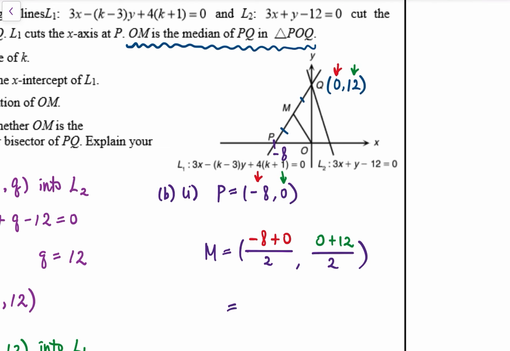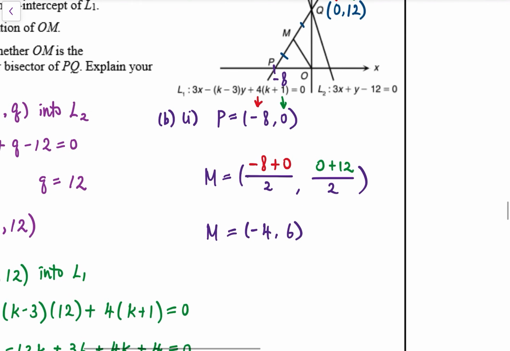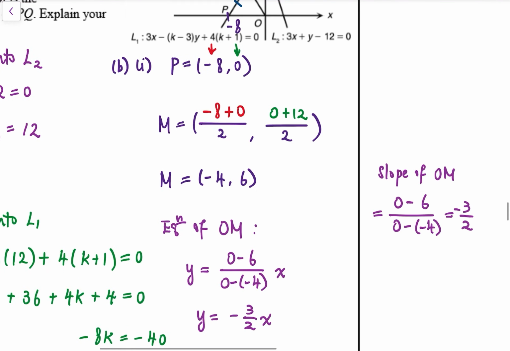We get the coordinates of point M, (negative 4, 6). So we are ready to find the equation of OM using the points M and O. Using M and O, I can find the slope of OM. The equation of OM is y equals negative 3 over 2 x.